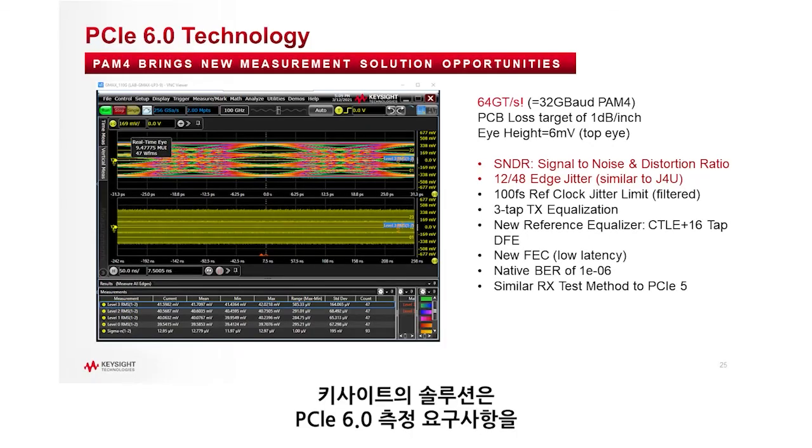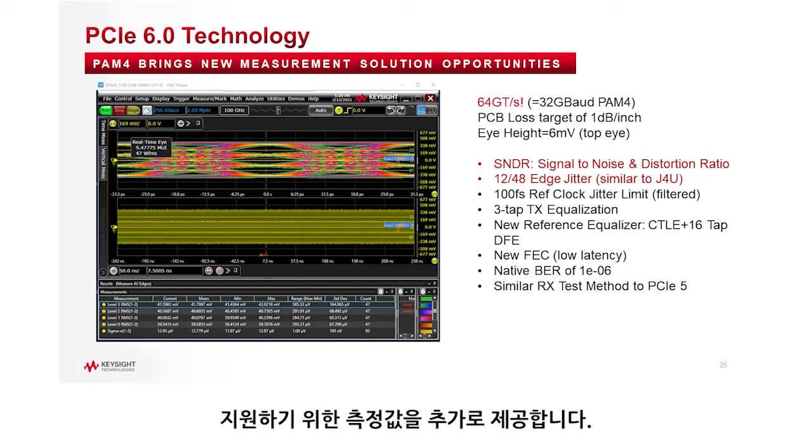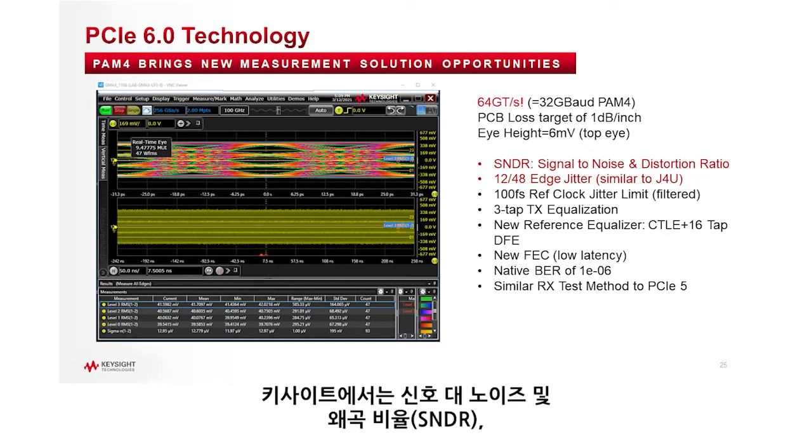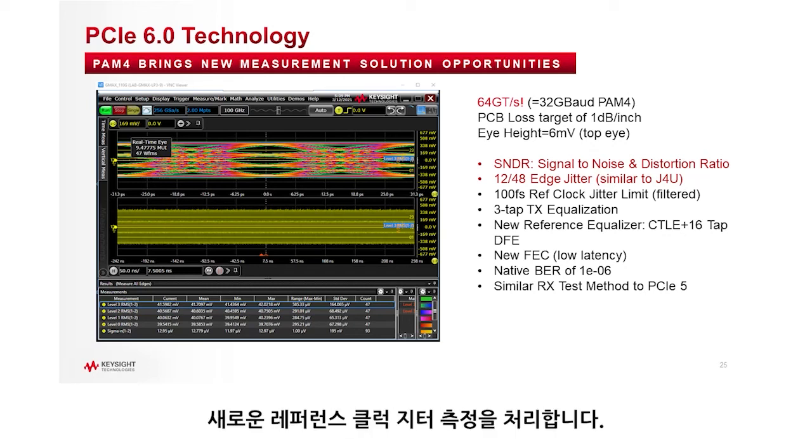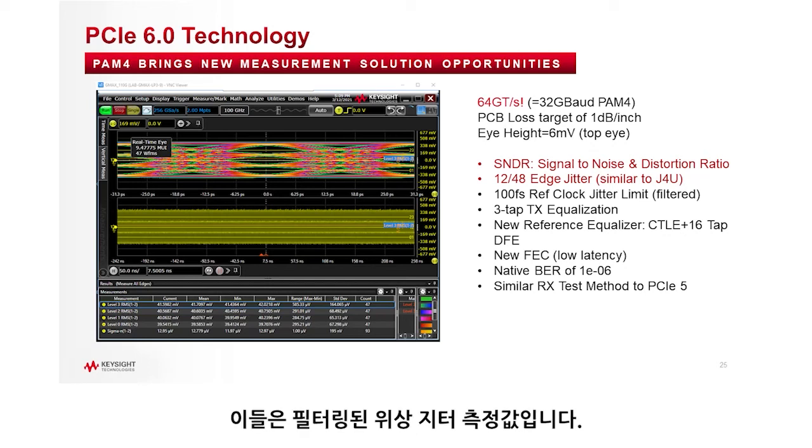With PCI Express 6.0, our tools will be adding additional measurements to support PCI Express 6.0 measurement requirements. As was mentioned, we'll be dealing with signal to noise and distortion ratio, or SNDR, multi-edge jitter measurements, and new reference clock jitter measurements.